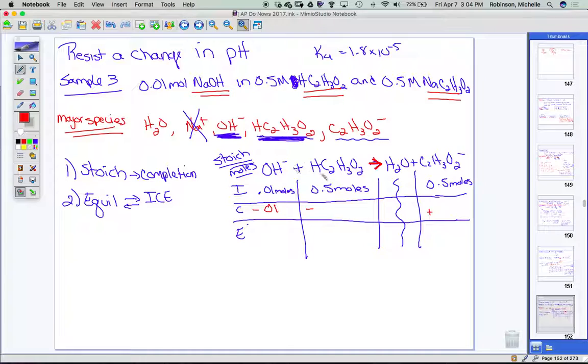And since these are 1 to 1 to 1, how nice, right? This will be minus 0.01 as well. And this will be plus 0.01. So this will go to 0. This will change to 0.49. This will change to 0.51.